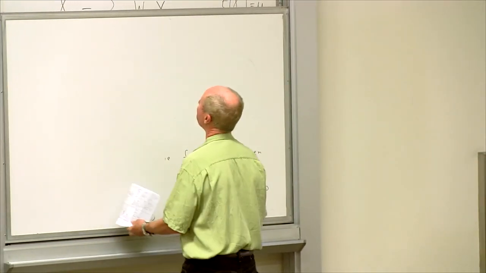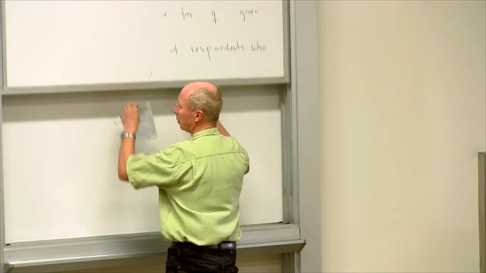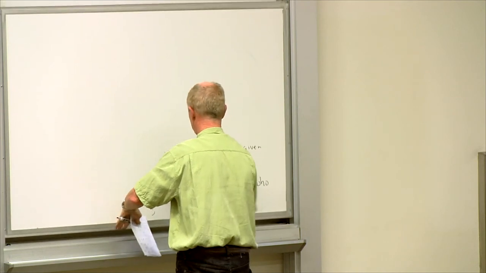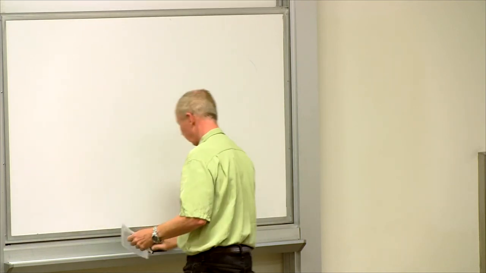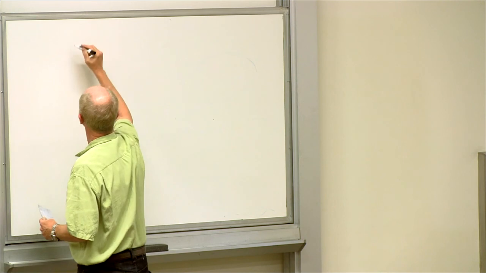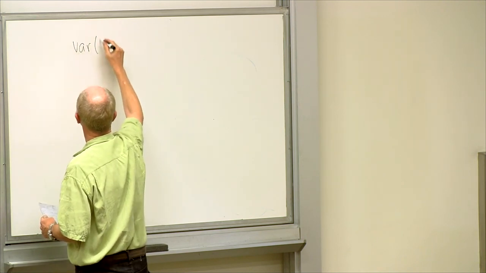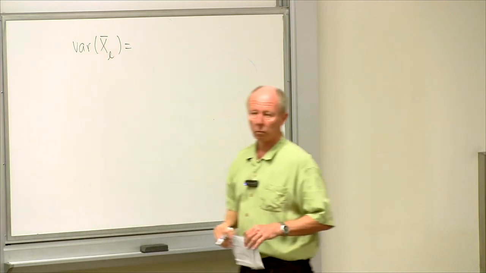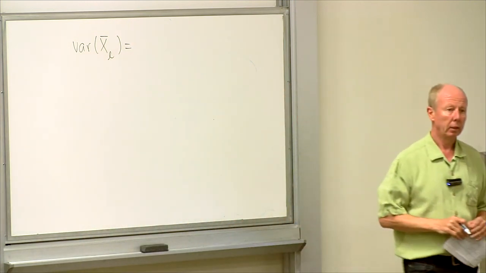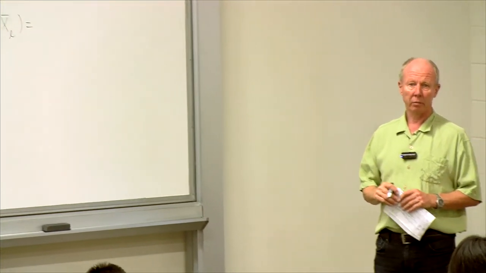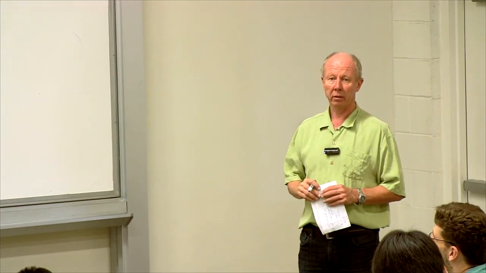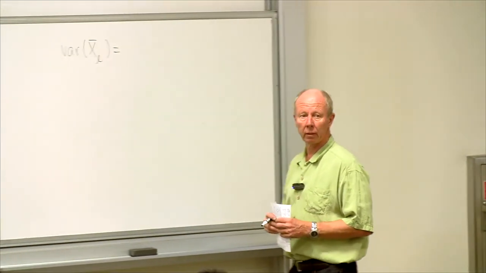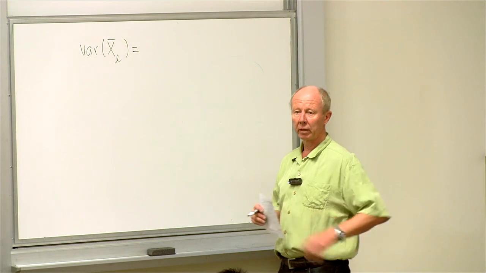First of all, what's the variance of x L bar? Well, this is just a simple case of simple random sampling of a population of size capital N L, sampling little n sub L individuals. And do you remember what that was?